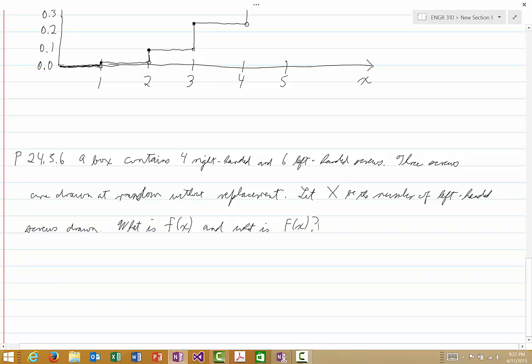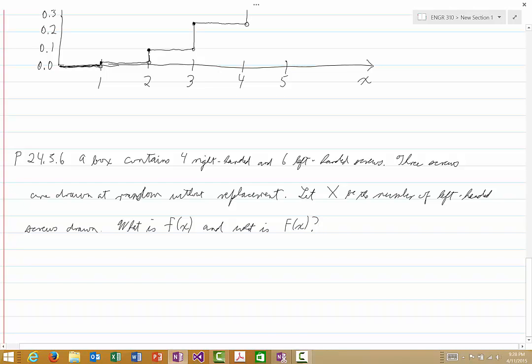Remember that little f of x is the probability that the random variable will have the value little x. And capital F of little x is the probability that the random variable has some value less than or equal to little x. So just using those two definitions, you should be able to solve this problem. And I very strongly suggest that you stop the video and try to solve it. And then when you think you've done it, come back and let's work it all together.